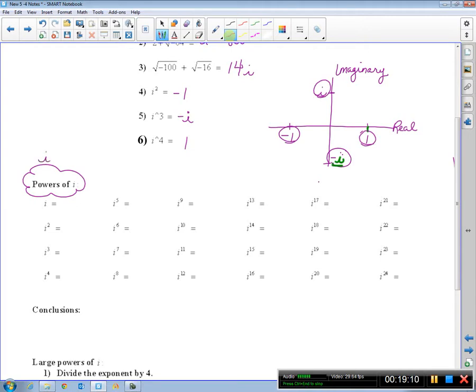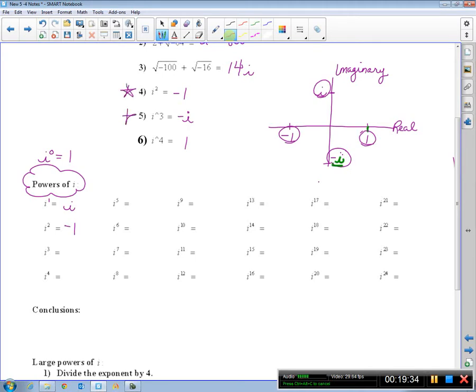If I tried to do i to the 0 power, what would that give me? Anything to the 0 is 1. i to the first is just i. i squared we've already done. Negative 1. It's right up above.